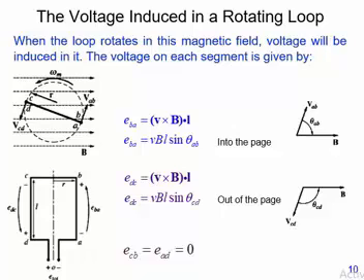But since the direction of V cross B is perpendicular to L in the case of the CB and AD segments, the induced voltage in these two segments would be 0, because cos 90 is 0. So the whole induced voltage would be 0.